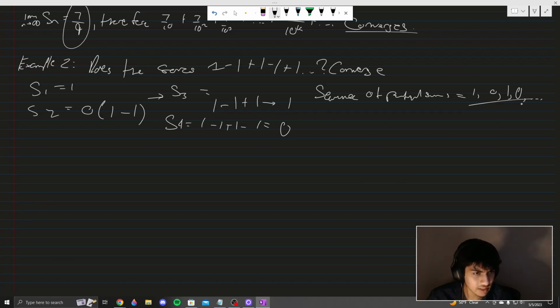We can see that in the sequence. 1, 0, 1, 0, it's alternating, right? So it's not converging. So it diverges.